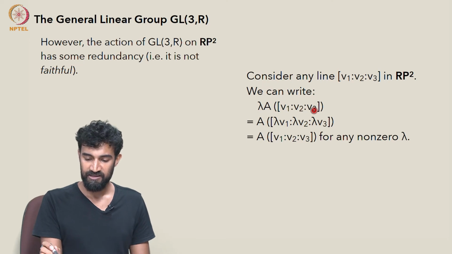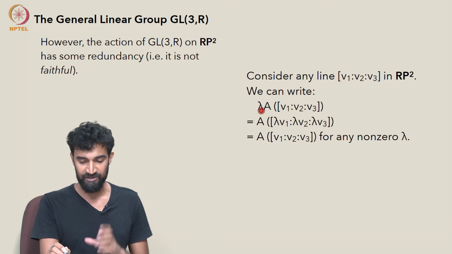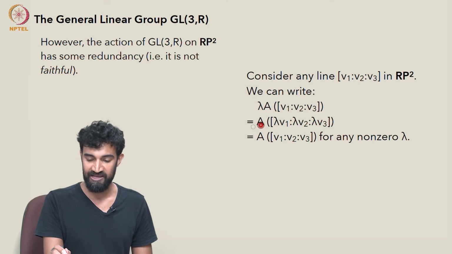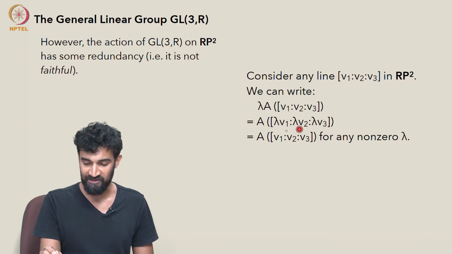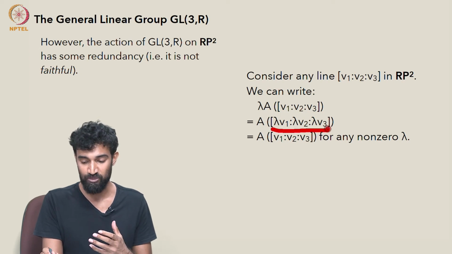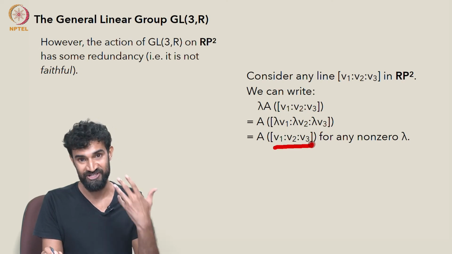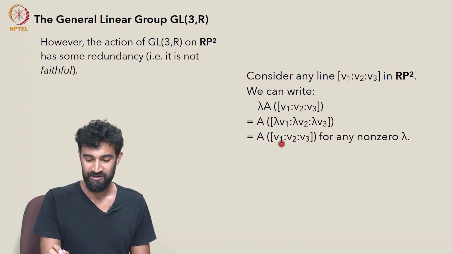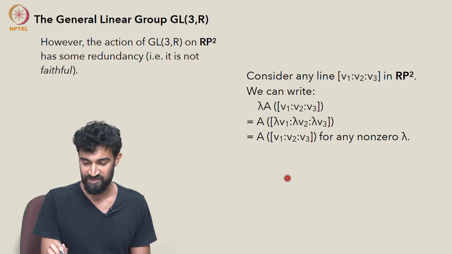Since A and lambda commute, this is just equal to A of lambda v1, lambda v2, lambda v3. But this is the same thing as this. These are both representatives of the same line. So this homogeneous coordinate is the same as this homogeneous coordinate expression. So this is just A applied to this homogeneous coordinate, and this is true for any non-zero lambda.